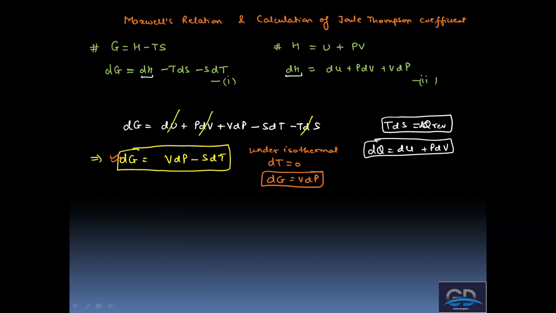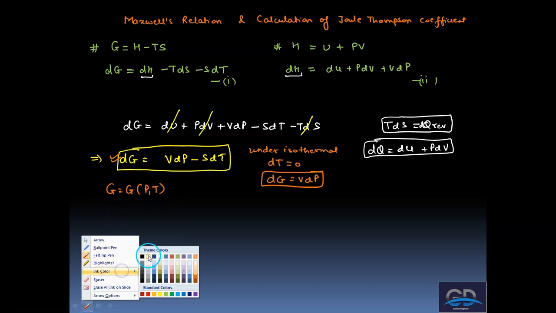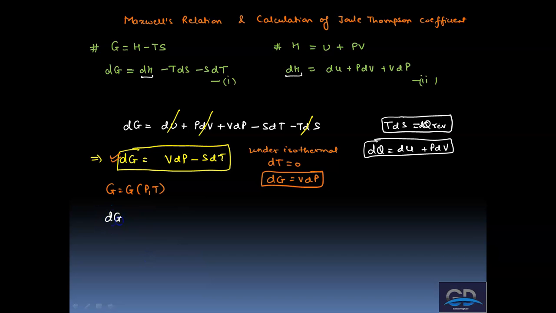As in, we can see that G is a function of P and T. So Gibbs free energy is a function of P and T. If we write the expression for the total derivative, dG would be the partial derivative of G with respect to P at constant temperature times dP, plus the partial derivative of Gibbs free energy with respect to temperature at constant pressure times dT.